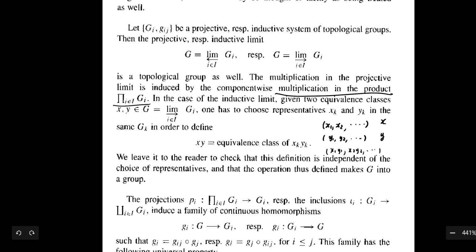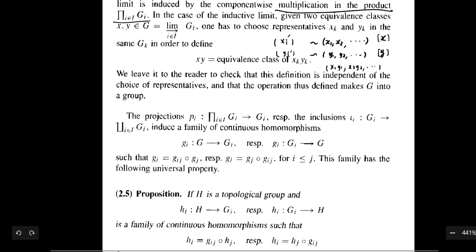The problem is this is only equivalence classes, which means that there may be xi primes or g primes that are equivalent, so you have to check it's independent of the choice of representative.